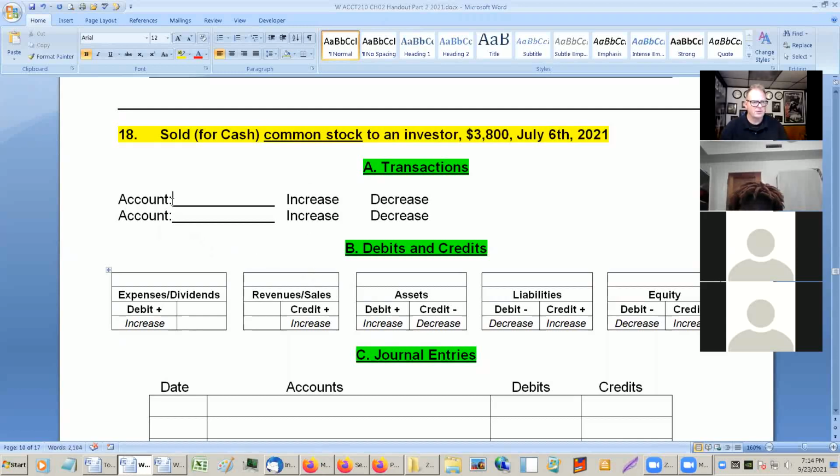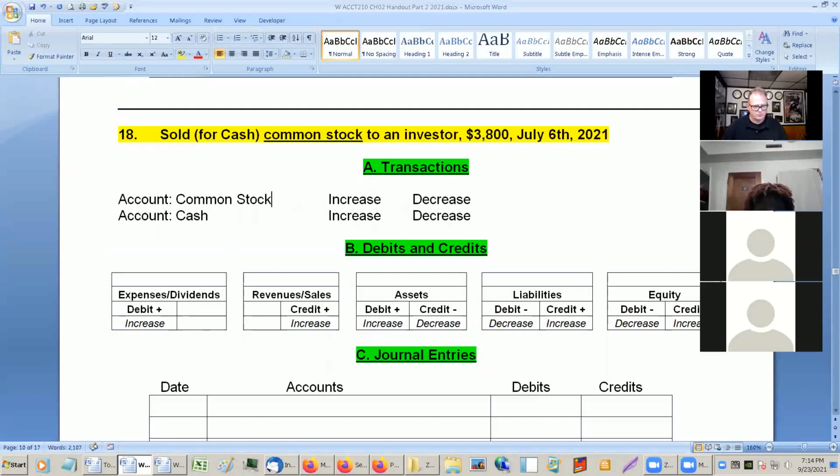Okay, so common stock. And notice this, we're not selling this to customers. It's not like we sold to a customer. Common stock increases, CS if you want to abbreviate it that way. That's fine too.